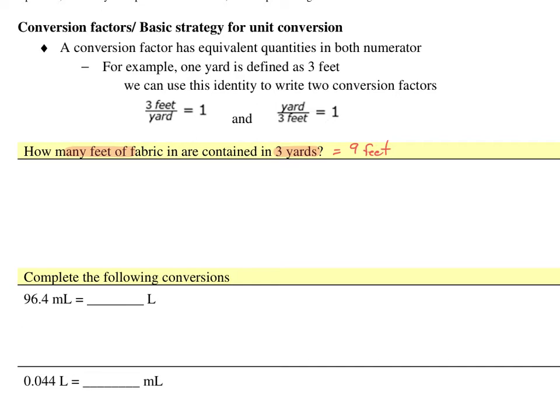We start with our identity that 1 yard is equivalent to 3 feet. So with that identity, we can write two different conversion factors. We know that 3 feet divided by a yard is equal to 1, and that's because these are physically equivalent lengths. A yard is equal to 3 feet, and this ratio is also equal to 1.